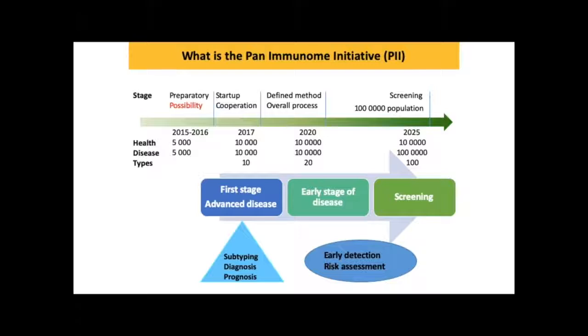In the next stage, we also want to connect more samples of early stages. This will help us look at any early signals of TCR or BCR signatures. In the future, eventually, we want to collaborate with prospective biobanks or cohorts to see whether it can do early detection of disease. It still takes some time to do so.